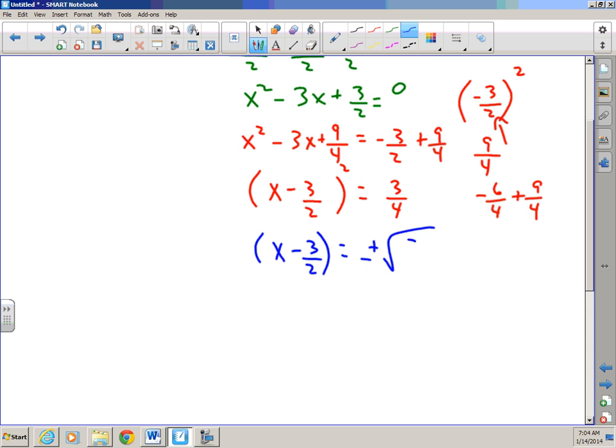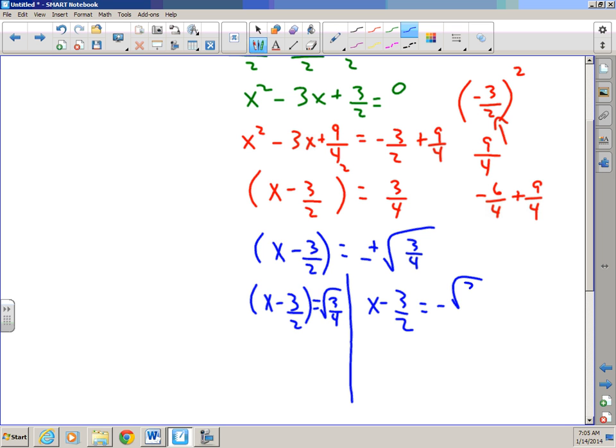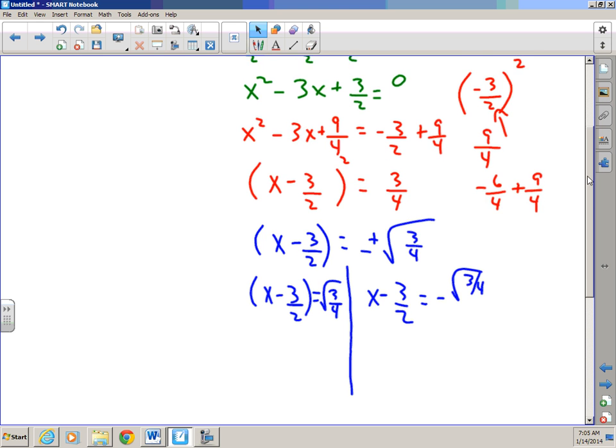So plus or minus the square root of 3 fourths. So x minus 3 halves, I'm going to divide this into 2, is equal to the square root of 3 fourths, and it's equal to negative the square root of 3 fourths. Now you're just down to doing numbers in your calculator.